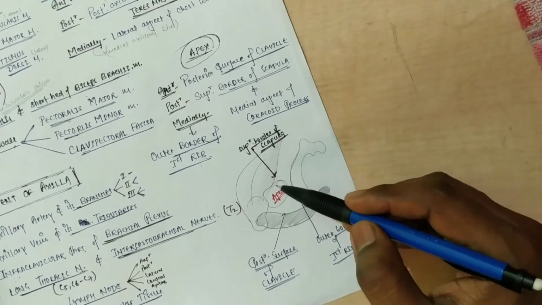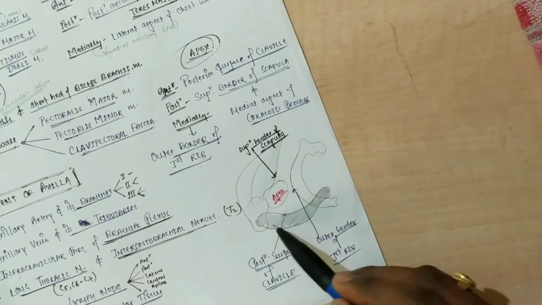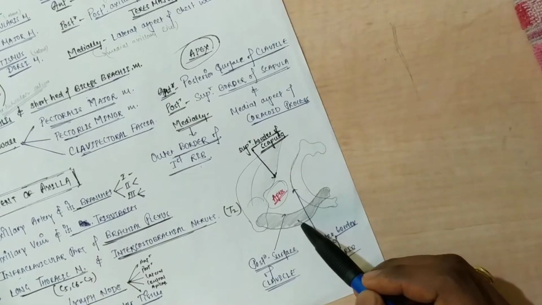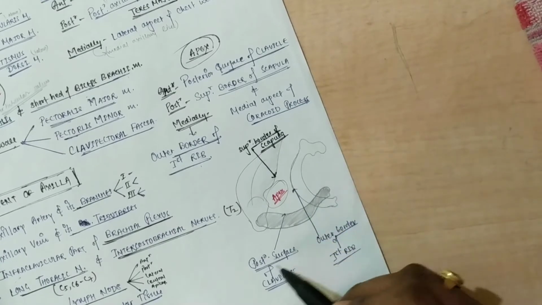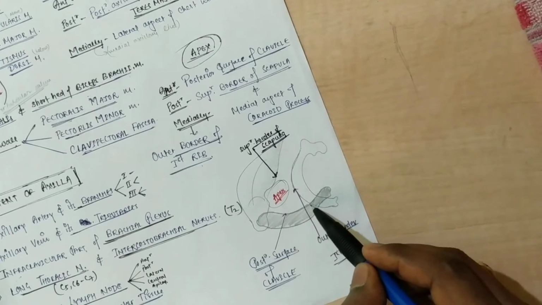When we talk about the anterior boundary, it is formed by the clavicle, especially the posterior surface of the clavicle.